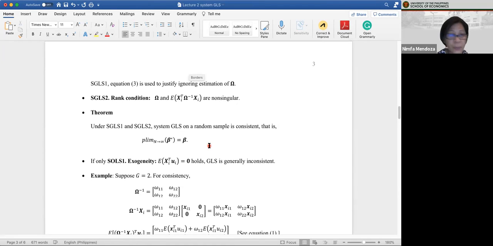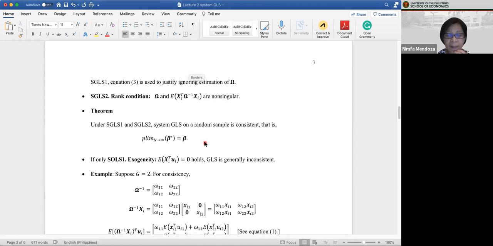Then we have the theorem: under the two assumptions, the exogeneity assumption and the rank condition for system GLS, system GLS on a random sample is consistent. That is, beta star is equal to beta.